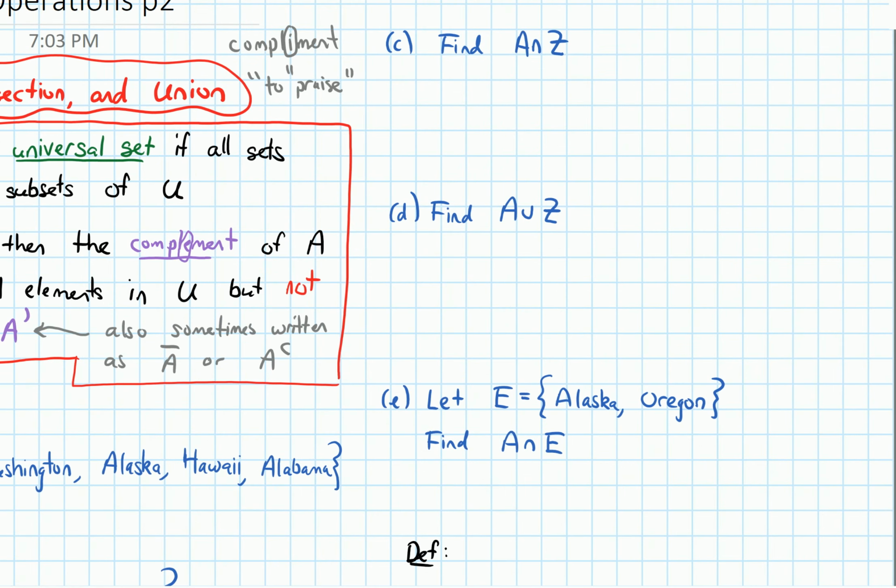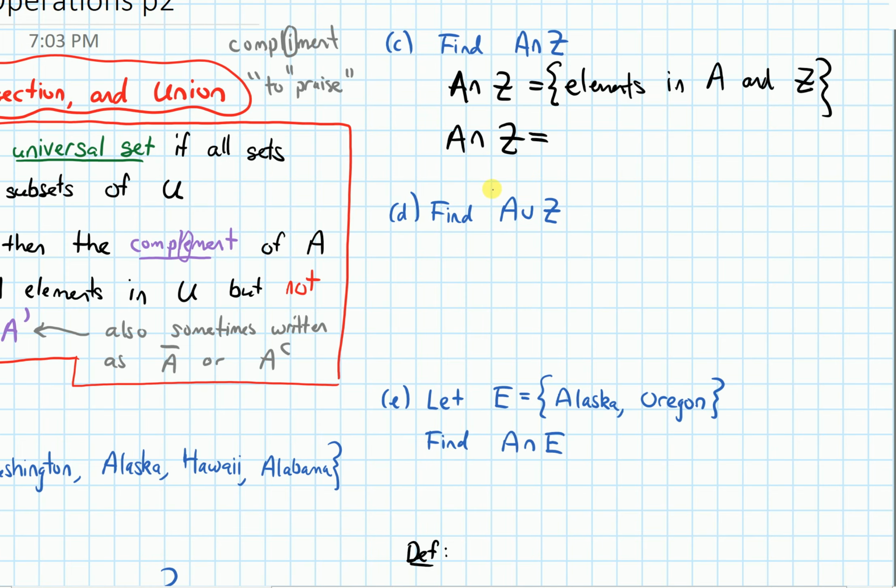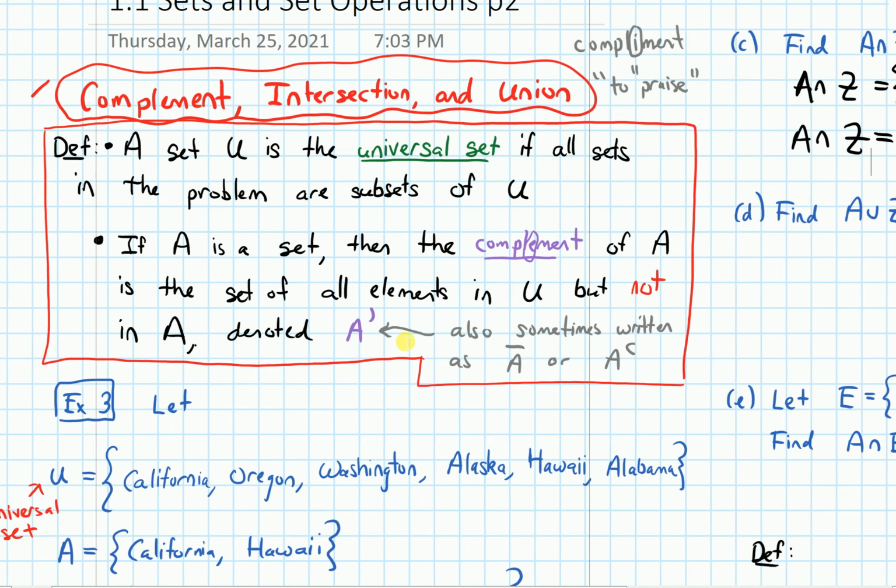So let's continue our example and find A intersection Z. Okay, so let's recall the definition. So A intersection Z is going to be the set that has the elements that are in A and in Z. They got to be in both of them. So A intersection Z is equal to, let's look back to our example.